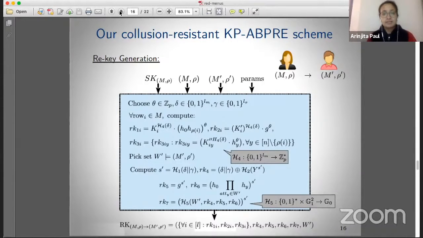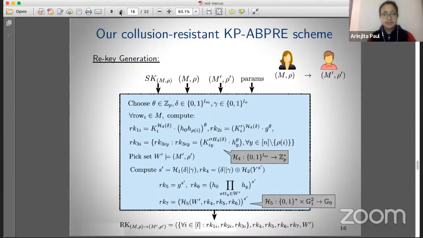And the value theta is actually chosen by the delegator. So no one else will be able to acquire the value k_i corresponding to the secret key of the delegator, because the value theta is chosen by the delegator himself. So this is the intuition as to why our scheme achieves collusion resistance.